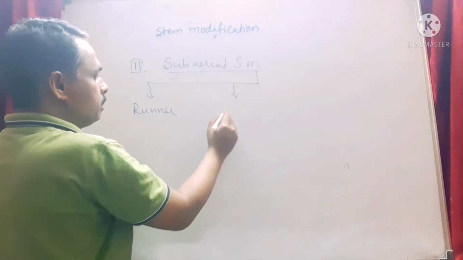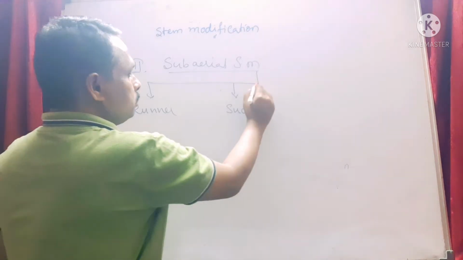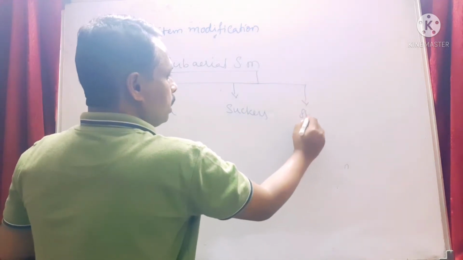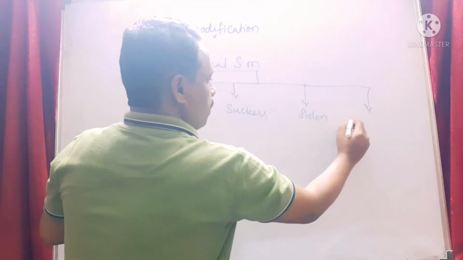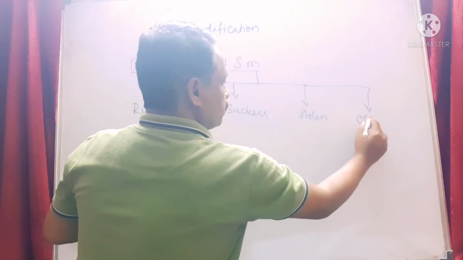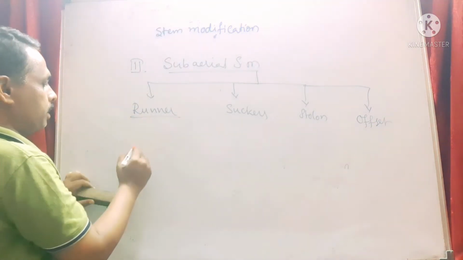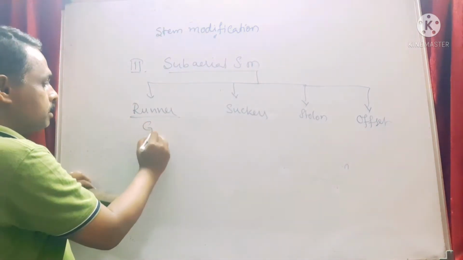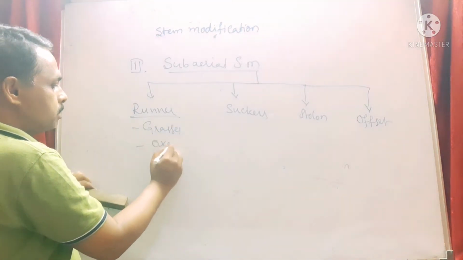Second one is suckers. Third one is stolon. Fourth one is offset. Runners, example: grasses and oxalis.